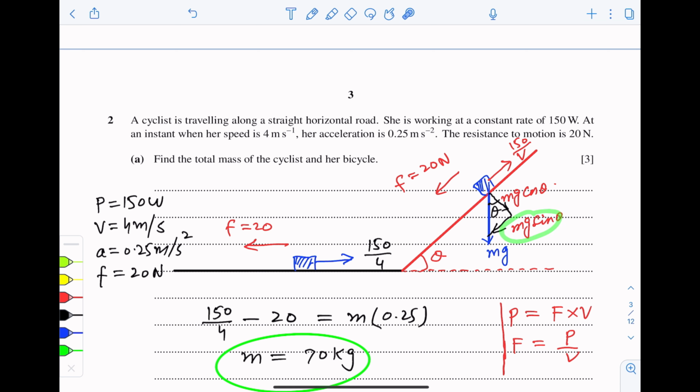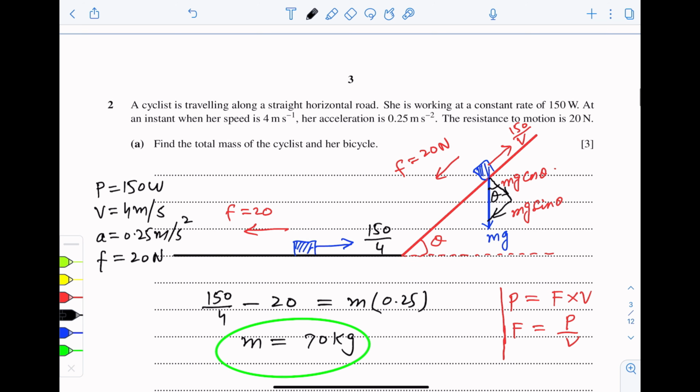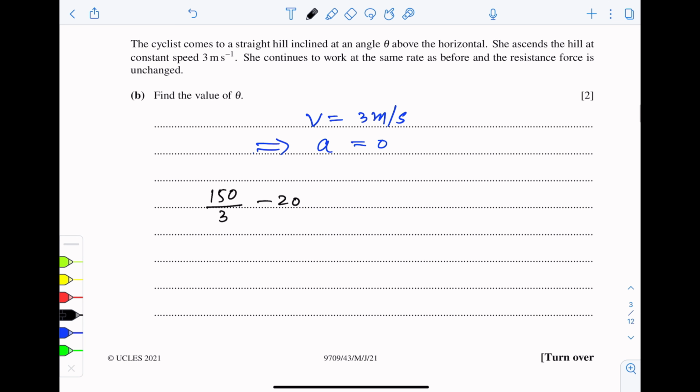This component, because it is in the opposite direction of the movement, we will take it as negative. Minus 20 minus mg, m is 70, g sin theta is equal to ma. Since the speed is constant, acceleration will be 0. So we will write here 0.